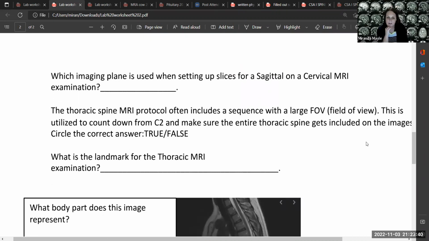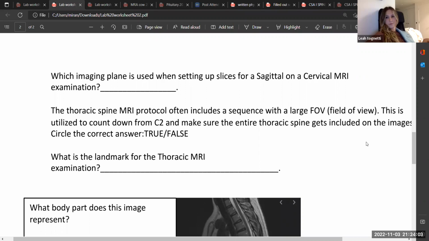All right. When we talk about setting up slices for a sagittal cervical spine, I know we have not gone over this, but let's see what you can figure out on your own. What imaging plane would we have to set them up from? Remember, sagittal divides the body into left and right. So which imaging plane can we see the vertebrae from left to right?